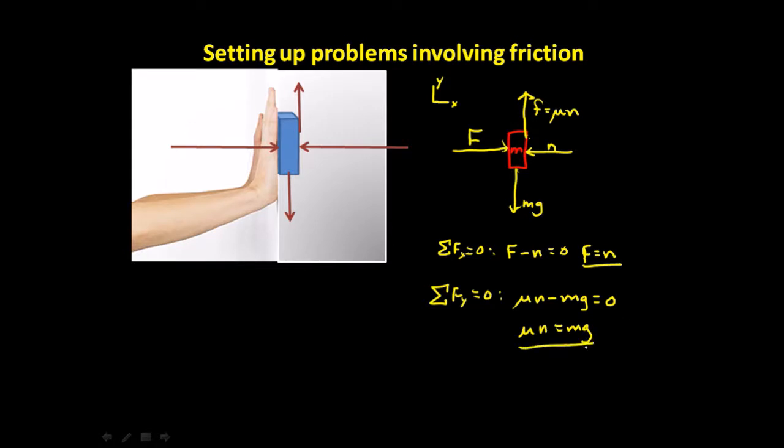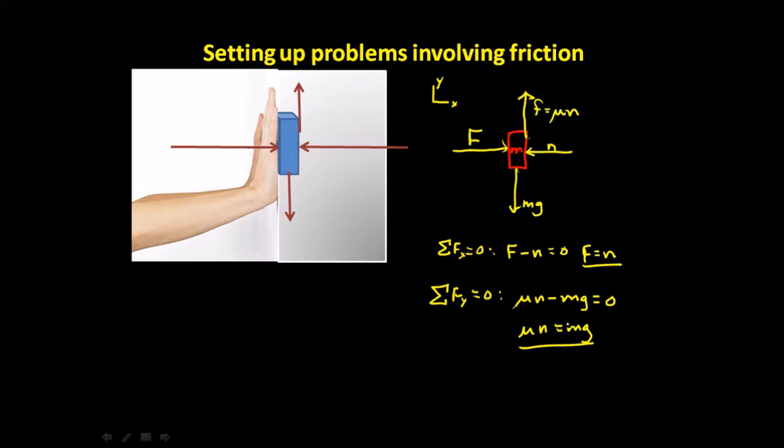Here's the great thing about a problem like this and the fact that I haven't given you any numbers. Let's suppose we know the applied force. Then that means we know the normal force. Let's suppose additionally we know the coefficient of friction. Then we can compute how much mass can be held up with that much force. Or if we know the mass and we know the coefficient of friction, we can find the normal force and therefore find out how much force has to be applied by the hands.